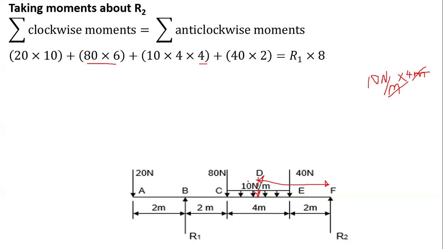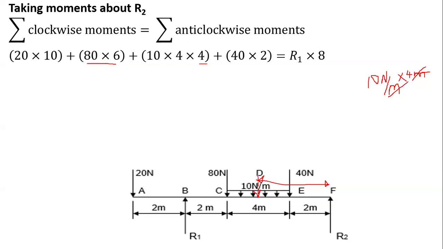Now that force that I'm having, I also need the perpendicular distance because I am dealing with moments. And that perpendicular distance should be from the center of this, which is at point D, going to the far end. So the center of 4, the total distance where the UDL is 4 meters. What is half of 4? It's 2.